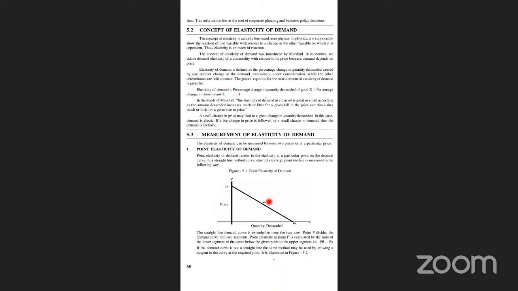Now, how do you measure it and analyze it? See, the straight line curve is touching both the axes, x-axis and y-axis. And if you see, it divides the whole curve from A to B into two parts, that is AP, from here to here, and BP, from here to here.